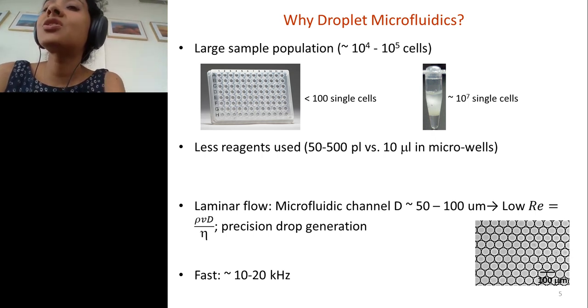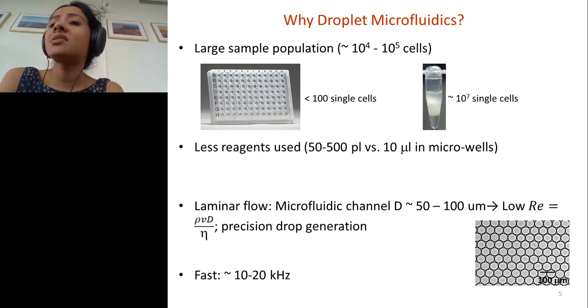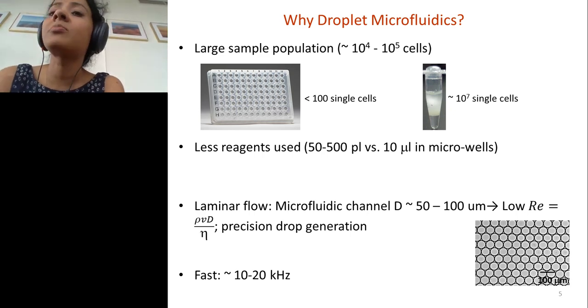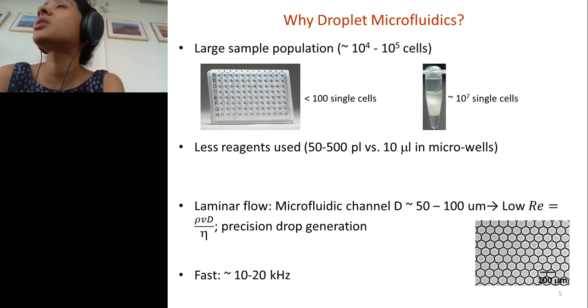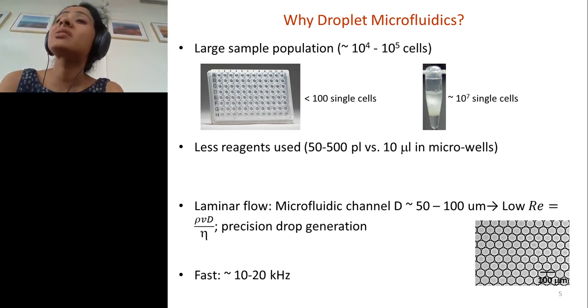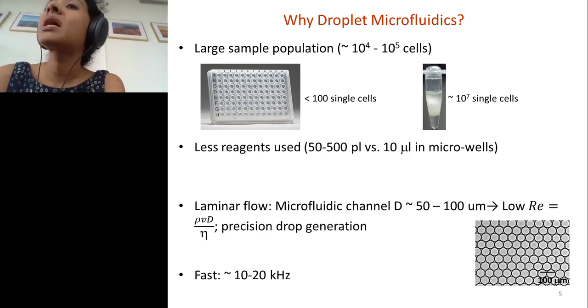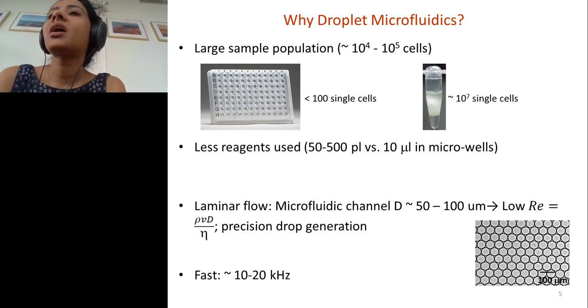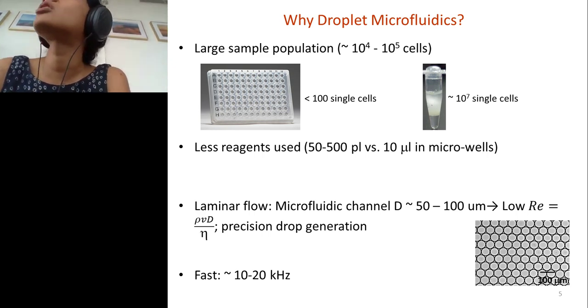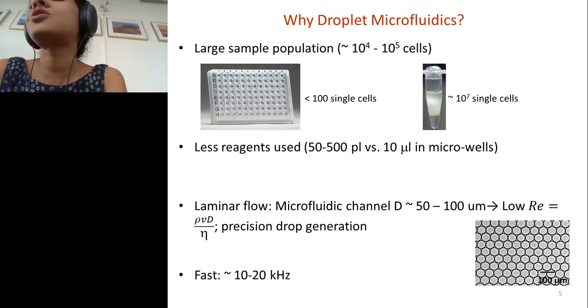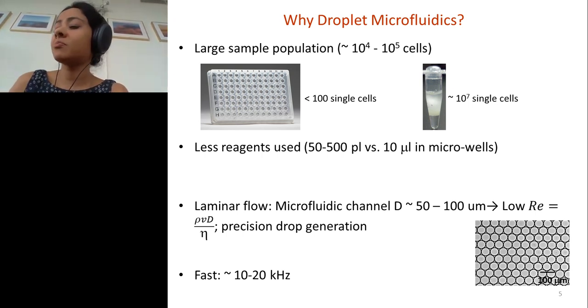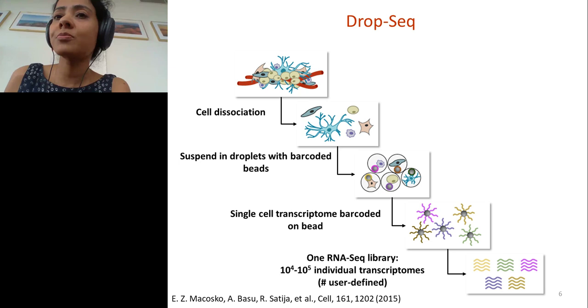The other advantage is that these droplets get generated at very, very high speed. You can go anywhere between kilohertz to up to 20 kilohertz. That's 20,000 droplets getting generated per second. So it really helps with reducing batch effects, for example. And of course, you only have to run a longer experiment to change the number of cells that you need to process, which is a distinct advantage.